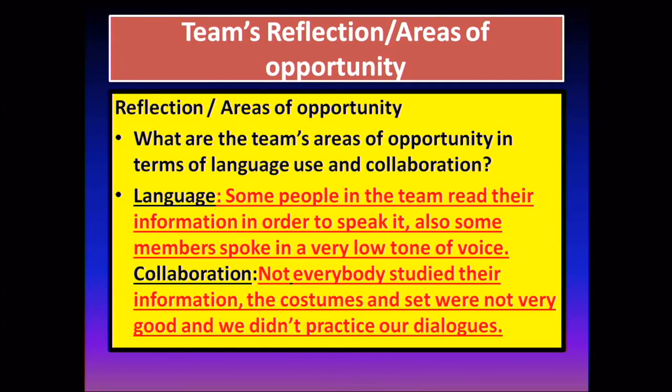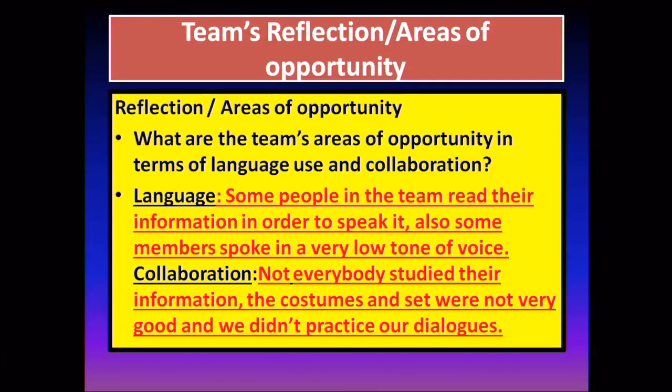This is what they didn't do right, the weaknesses. Some people in the team read their information in order to speak it. And also some members spoke in a very low tone of voice. Collaboration: nobody studied their information. The costumes and set weren't very good, and we didn't practice our dialogues.